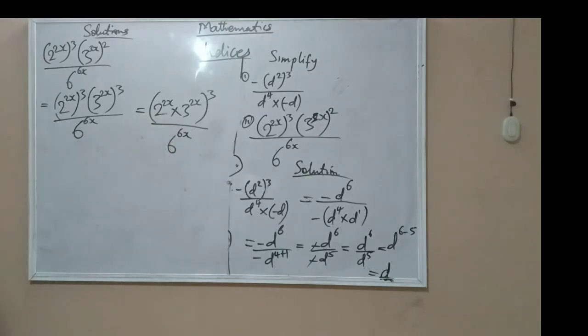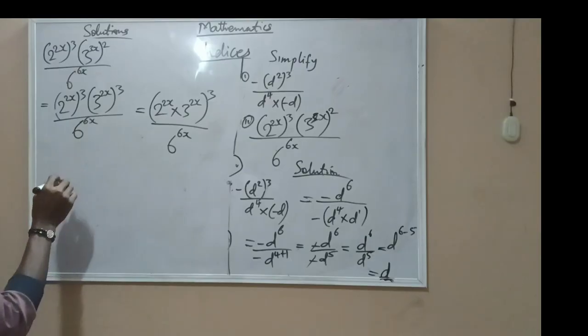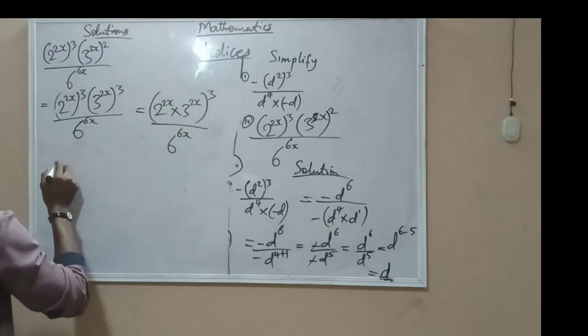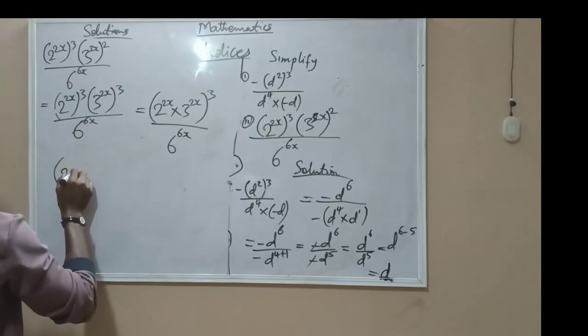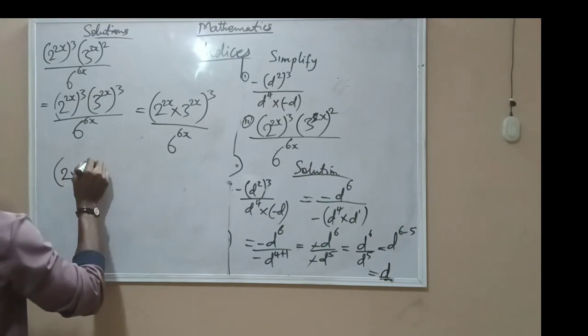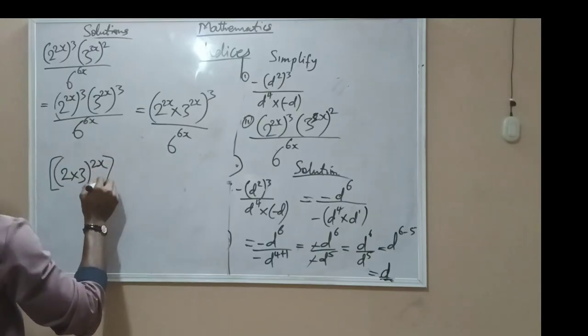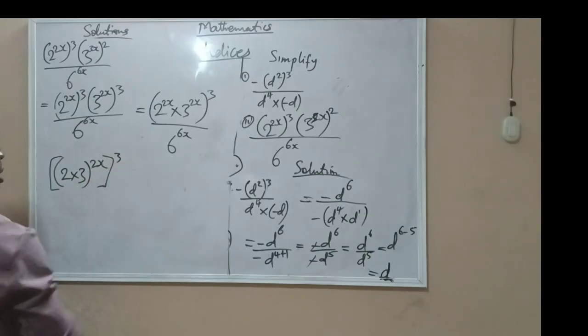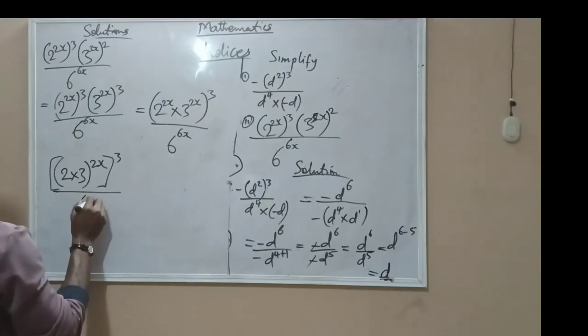Now from here, something is common. We have bracket 2 times 3 all raised to the power 2x, and then raised to the power 3, over 6 raised to the power 6x.